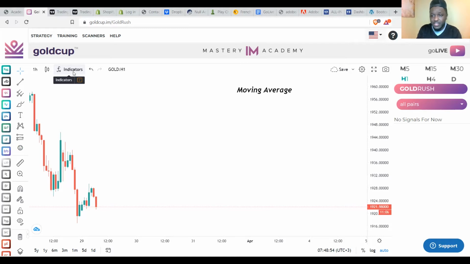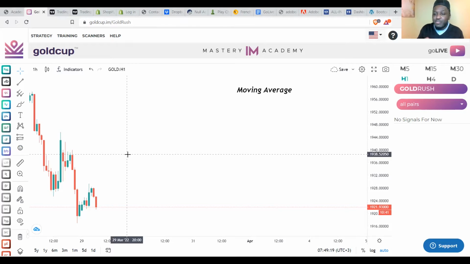Indicators, in our case moving averages, are going to be secondary. This is what I personally advocate for. They're going to be a secondary means of confirmation on what you have already seen from market structure and price action. Basically the same thing. So let's get into it.